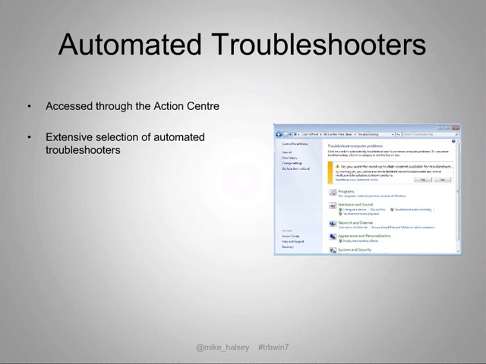How they work is, all they do is reset Windows components to their default. So let's say you're running a troubleshooter for your sound because you can't get your speakers or your microphone to work. All it will do is reset the default settings for that particular device type.